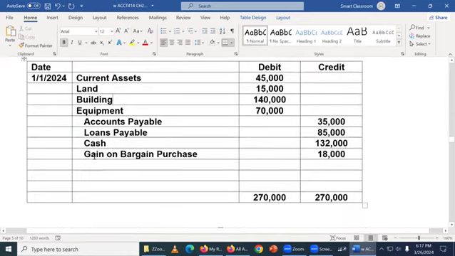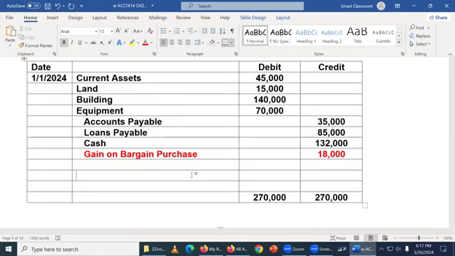Yeah, well, this is the weird one because this is the bargain purchase. And I think I mentioned this last time. This is fairly new, I think it's like 5 years old now or something. We used to never recognize a gain on a purchase. You only recognize a gain on a sale. But this is one of those weird circumstances where we actually recognize it on a purchase. And I'll tell you why.